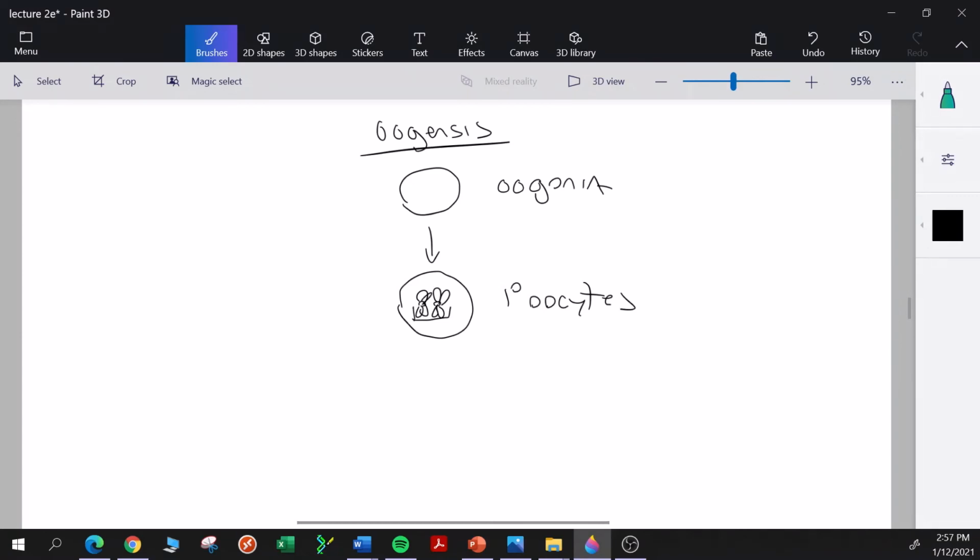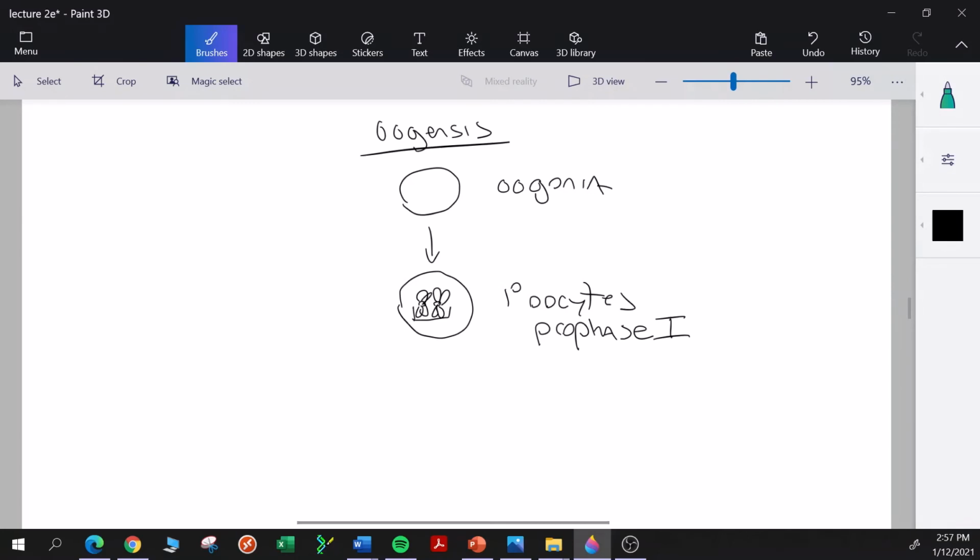Now, these primary oocytes are all formed in the embryo before the human with ovaries is born. Not only have they been formed, but they've all begun meiosis 1, and they've stalled in prophase 1.